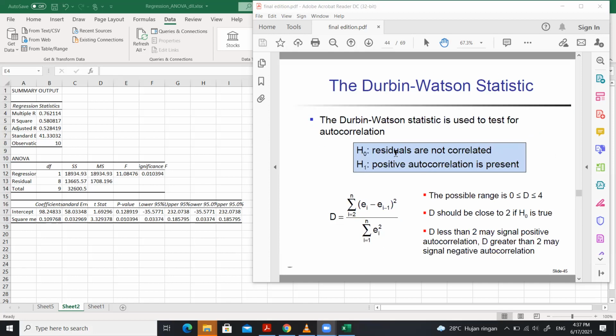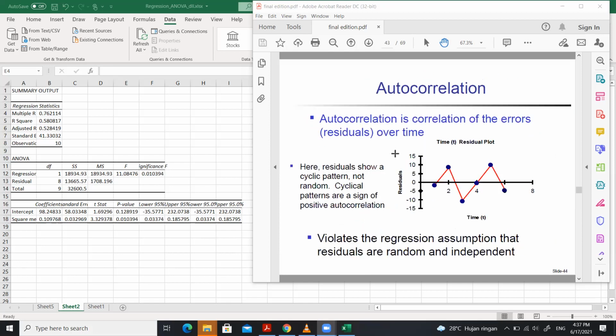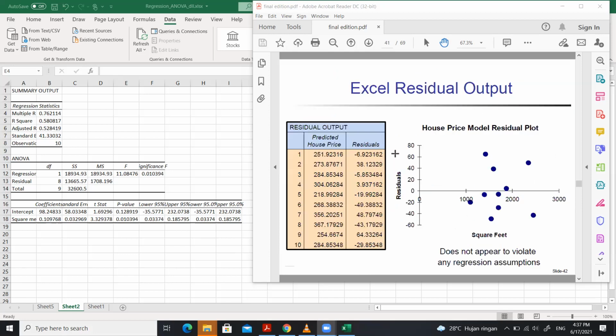Sir, I have a question, I forgot to ask. Yes, please. For the residual graph, what is the x-axis here for this one? Oh, the square feet. Okay. Yeah, square feet, yes.